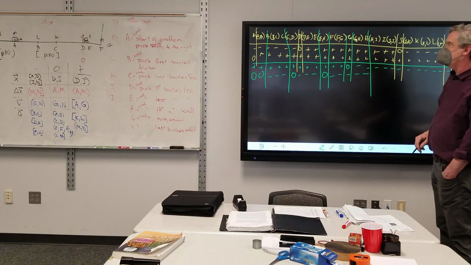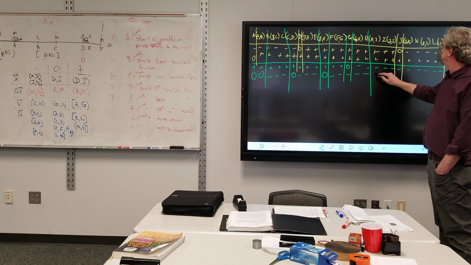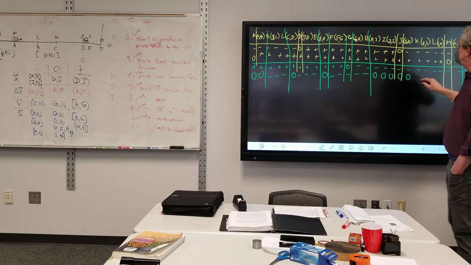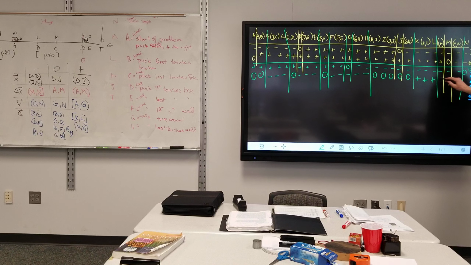Then H to K is 0, not including K. Then K becomes positive through L. And then L to M, including M, is 0, and then it's positive again.